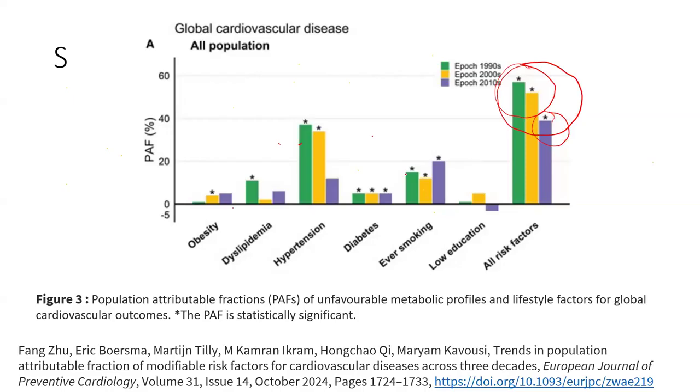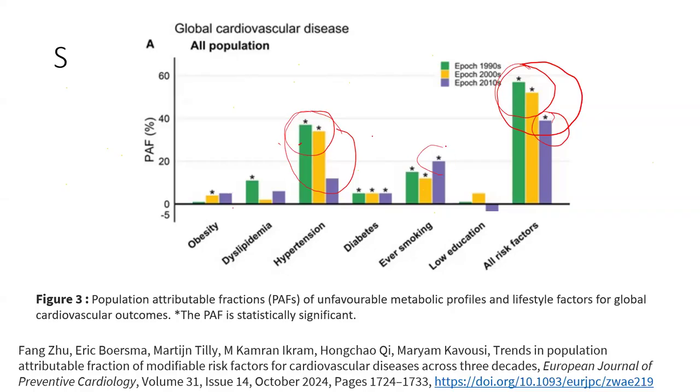Any other pattern you are observing with regard to these risk factors? That is, what percentage of cardiovascular disease incidence is attributable to each of these risk factors globally? What do you see here? Hypertension, yes, right. So in the first 2 decades, hypertension was the number 1 risk factor.